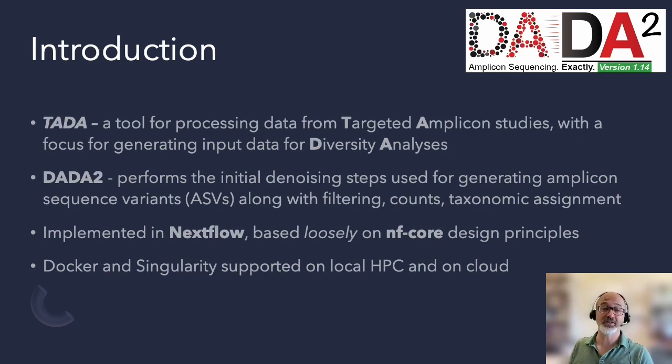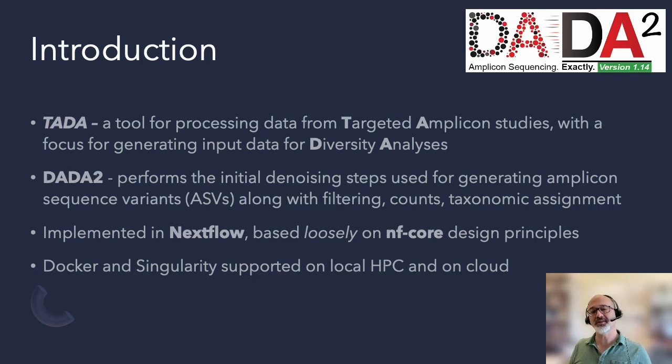We use the DADA2 workflow that's implemented in R. Actually, now it's currently up to version 1.20, I believe. This performs the initial denoising steps used for generating amplicon sequence variants, along with filtering counts, chimera removal, taxonomic assignment, and so forth. We implemented this completely in Nextflow using some basic design principles by NF Core.